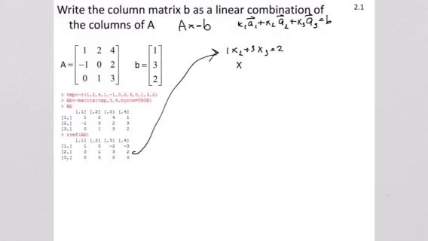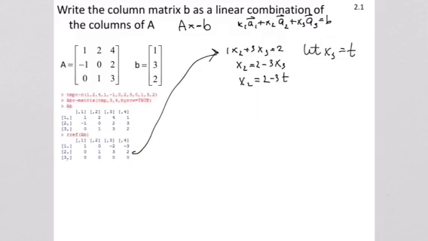That means x2 is equal to 2 minus 3x3. So x3 is a free variable, and we can parameterize the solutions. There are infinitely many solutions here, and if we let x3 be t, then x2 is going to be 2 minus 3t.